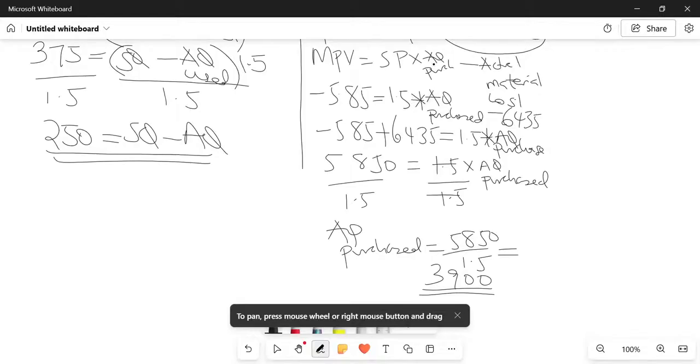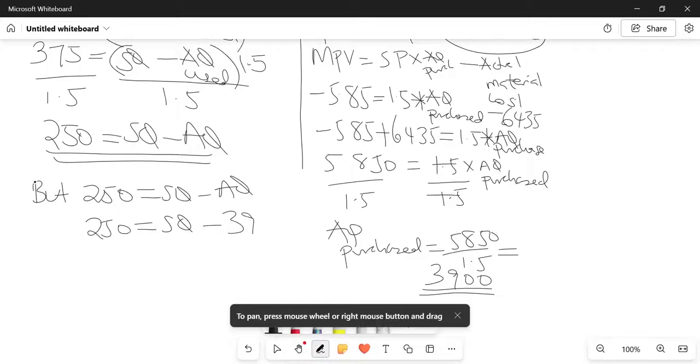Because if you remember very well, we had this 250. So then we go back, we say the variance will be equal to SQ minus AQ, isn't it? So then we have here 250 equals SQ minus now AQ, we have it. AQ is 3,900.